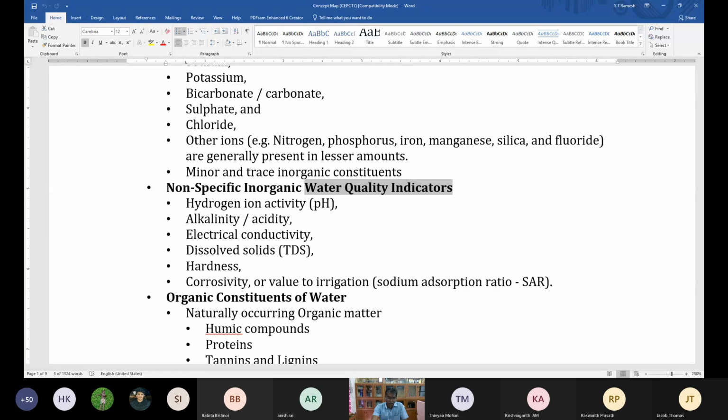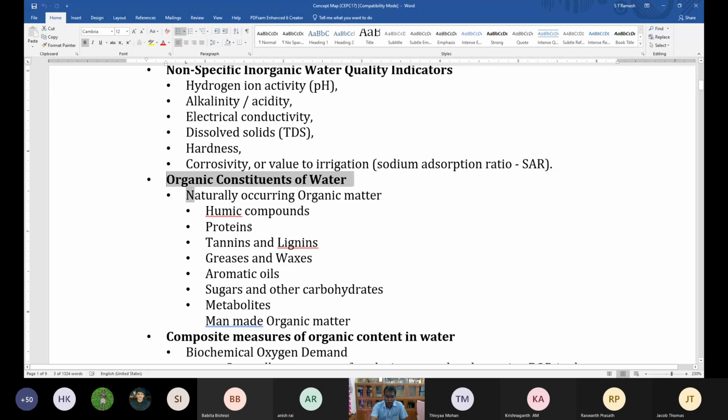Sometimes if you depend on groundwater, they may also ask, what is the hardness level in your locality, or whether it is hard water or soft water. So by measuring some quality parameters, you could say about the quality or chemical characteristics of your water consumption. Okay, then we will be discussing these parameters in detail.